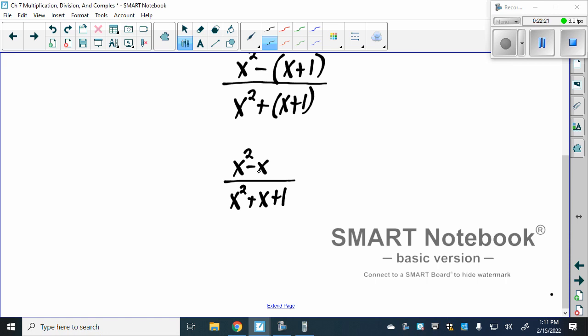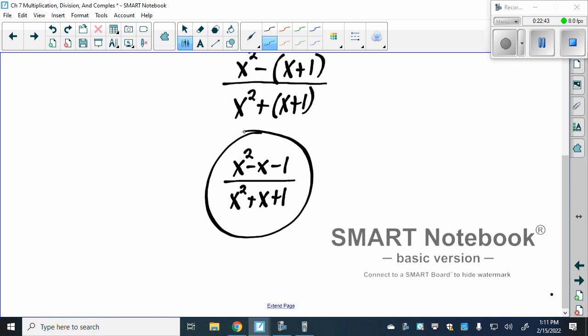And the positive 1 is going to become negative 1, since we're subtracting the whole thing from it. And that right there is actually the final answer. Because x squared minus x minus 1 won't actually factor.